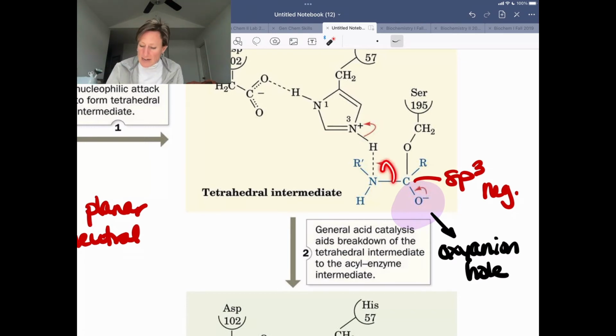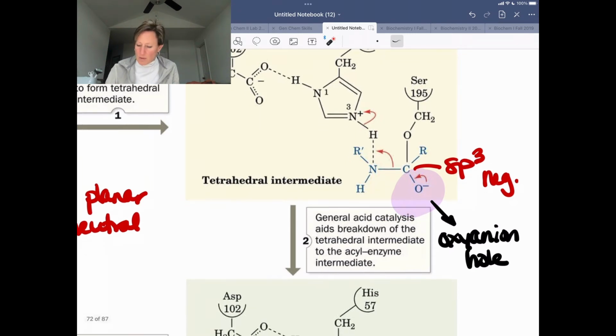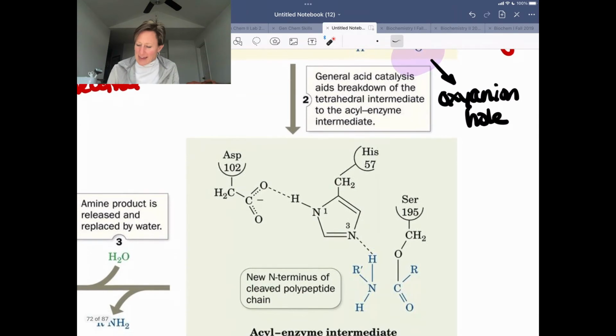We are going to break this peptide bond, and the departure of this N-terminal peptide is going to be facilitated by protonation of it as a leaving group. Said another way, this reaction is going to proceed toward product by decomposing this tetrahedral intermediate, by cleaving the peptide bond, and forming what we call an acyl enzyme intermediate.